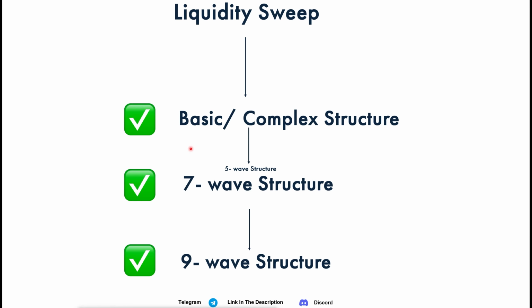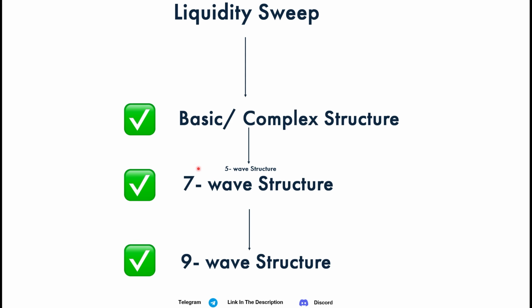So in this video, we are going to touch on a basic structure and some complex structures. On this 5 wave here, that is why it is very small here, is because we are not going to touch on it too much, but you will understand why.